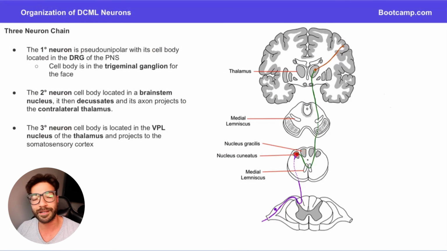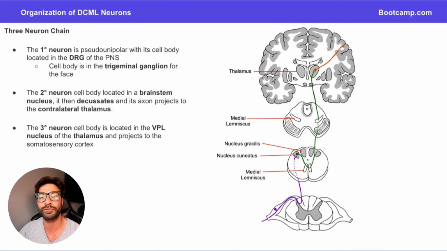At this point, that second order neuron then decussates and heads superiorly up through the medial lemniscal pathway to our thalamus, where it's going to synapse on a third order neuron in the ventral posterior lateral aspect of the thalamus. That cell is then going to send its axon to the somatosensory cortex.